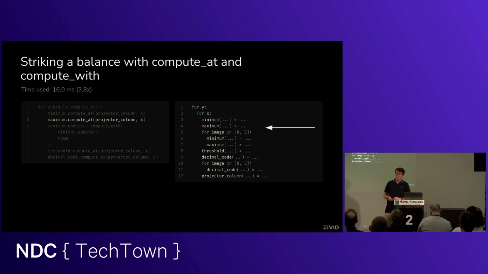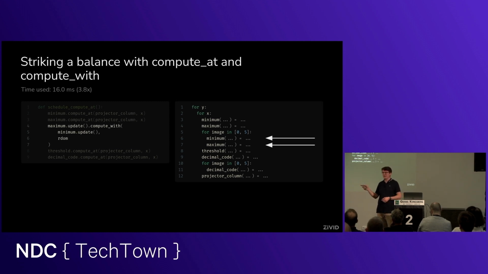However, I noticed that there's another thing we want to do, and that is that we want to be smart about computing the minimum and the maximum, because they don't have to do that in their own loops. They can do it in the same loop. Let's do that. We do that by saying maximum.update, which means in the update definition that you have, please compute with the update definition of the minimum, which is minimum.update, over the loop of the reduction domain, the RDom.